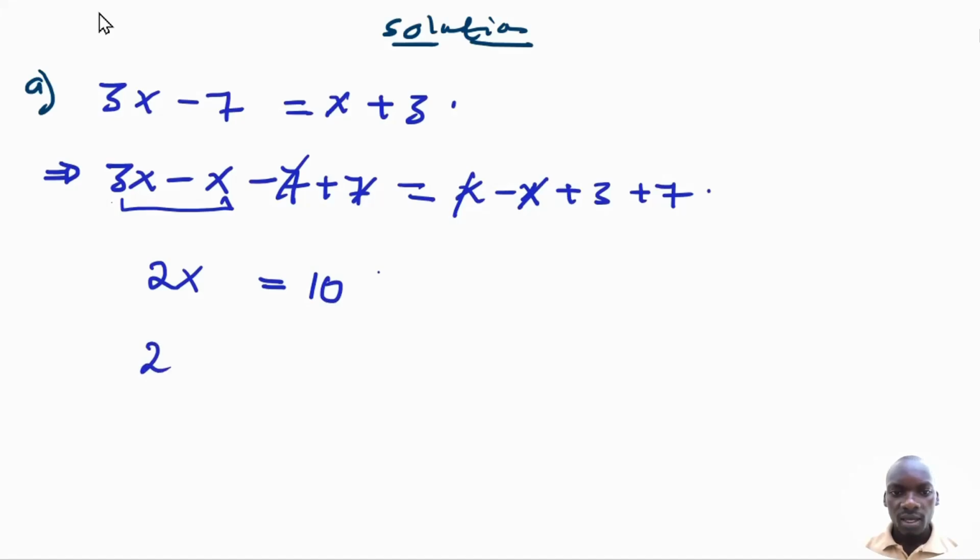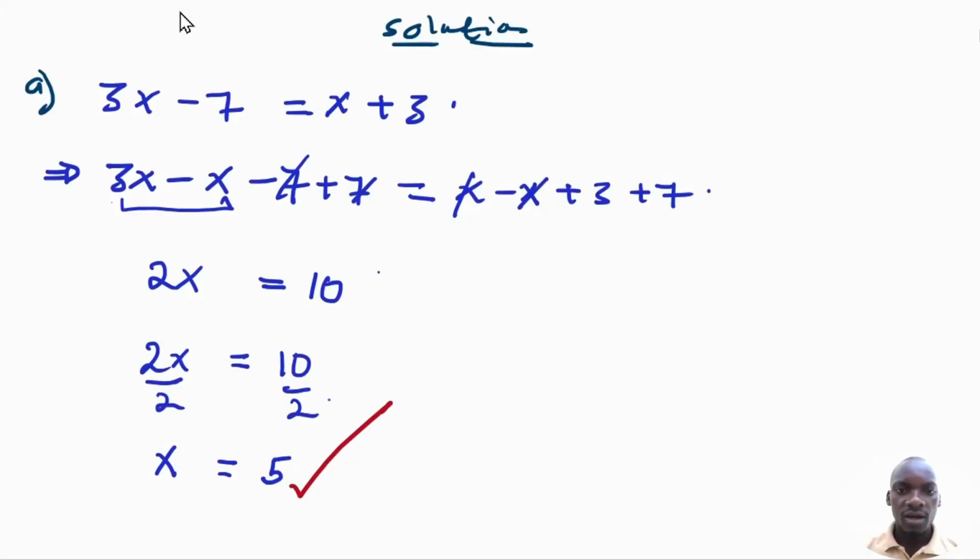To get the value of x, we divide through by 2 on both sides. So 2 by 2 is 1, multiplied by x to have x on the left hand side, equals 10 divided by 2, which is 5. Therefore, for part A, x = 5 is the correct answer.